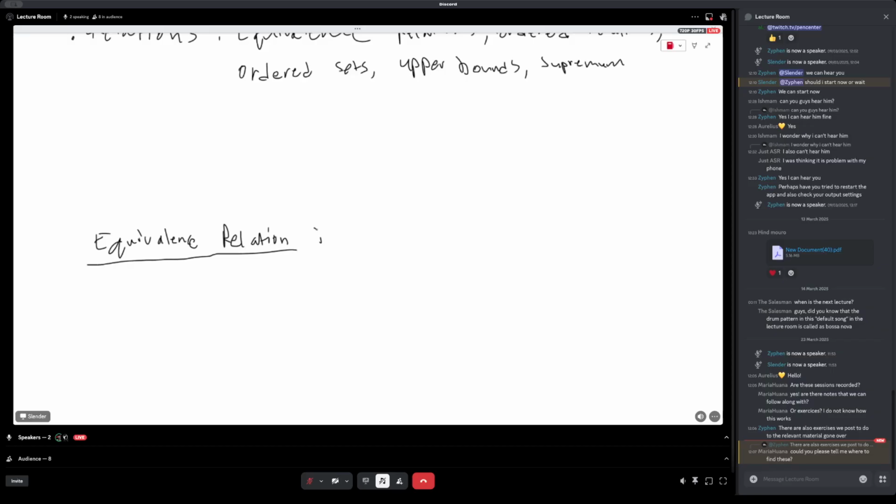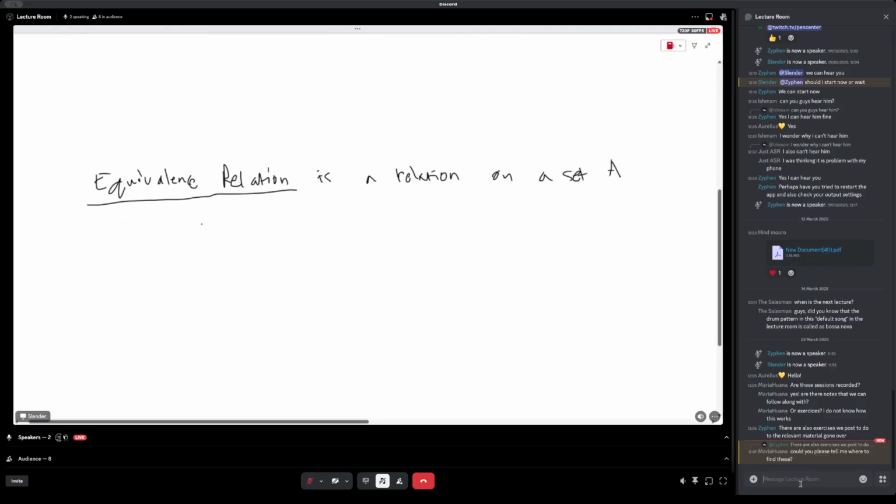Equivalence relation is a relation on a set. Let's call this set, suppose, A. An equivalence relation is a relation on set A that satisfies the following properties.